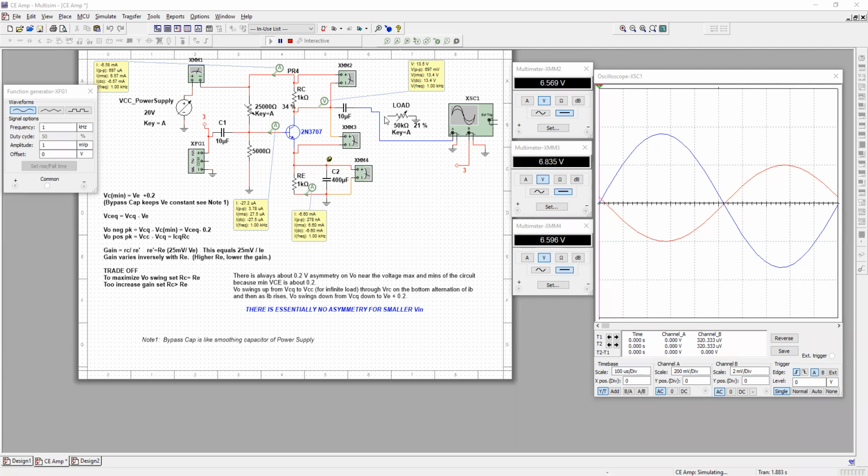We're getting close to the output, but let's look at this capacitor here. The emitter's capacitor is acting like a smoothing capacitor. Remember the power supply we studied earlier, where the capacitor connected to the output would allow the ripples to be smoothed out.